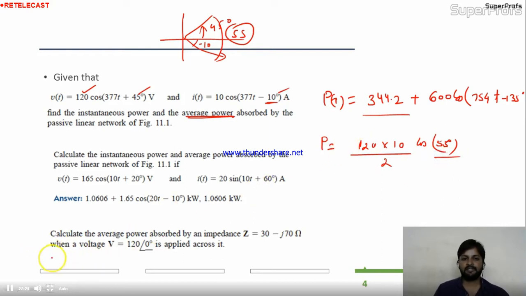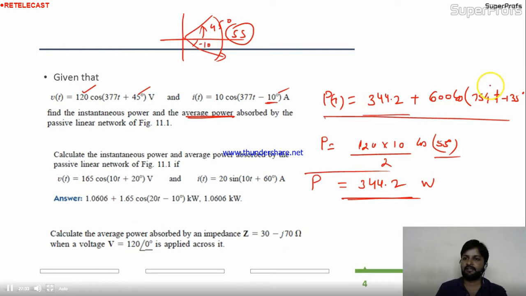So when you calculate this value, you will get 344.2. This is nothing but the average value of the power. In this equation, if you take the average of the cosine term, it will be 0. This will remain. This is the average power. I hope this is clear to you.